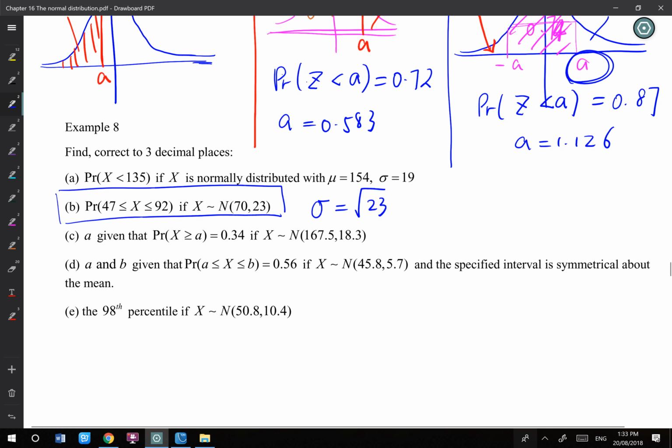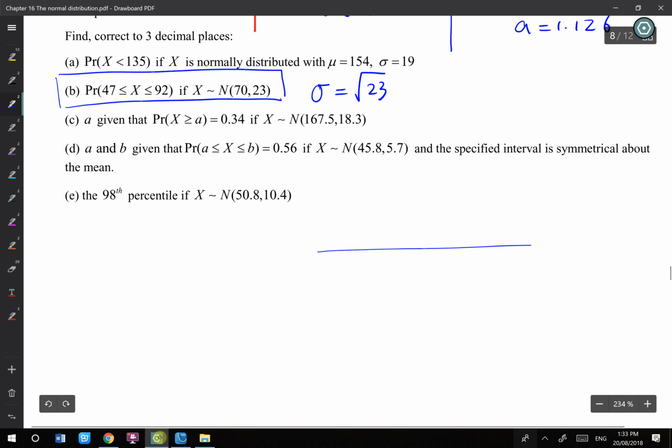Also, what's the 98th percentile? Can you describe what a percentile is? If you have a normal distribution, and I have a point A, where's 0.98?